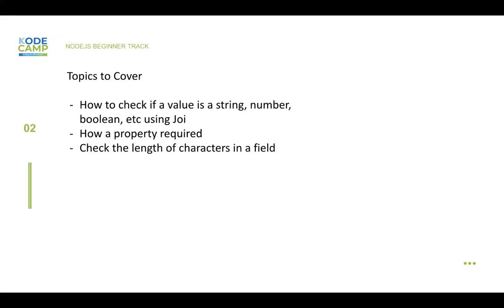If it's a string, it should be a minimum of 5 characters and a maximum of 20 characters. But if you're trying to set a minimum and maximum for an integer, then you have to give it specific values. Maybe the value should be within 10 to 20. So if the user supplies something like 9 or 8 as a value, Joi won't accept that.